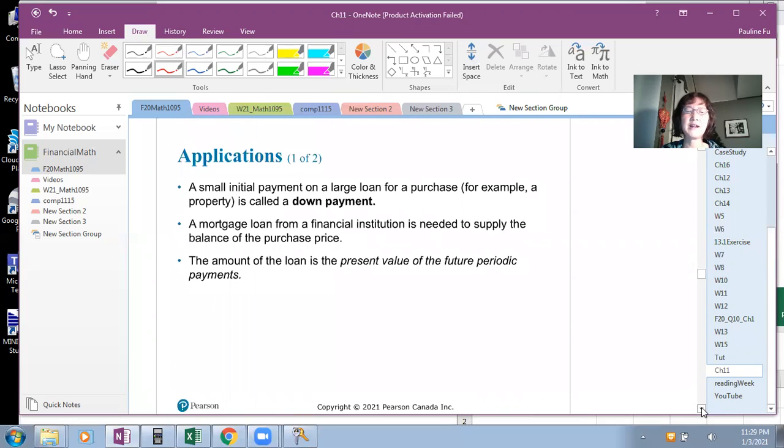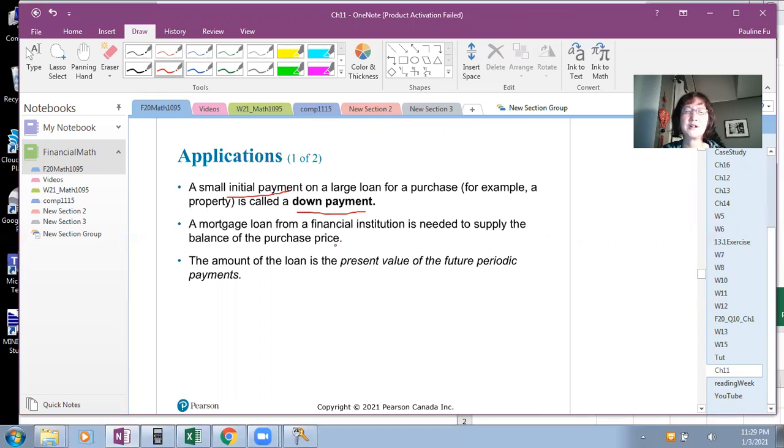Now let's look at an application. Terminology: a down payment is an initial payment on a loan for a purchase, for example, the purchase of property. A mortgage loan from a financial institution is needed to supply the balance of the purchase price.